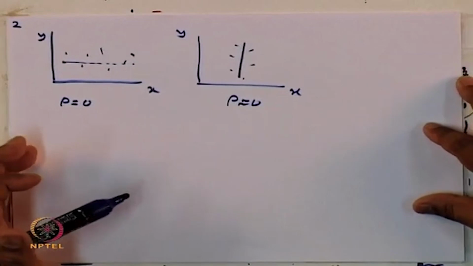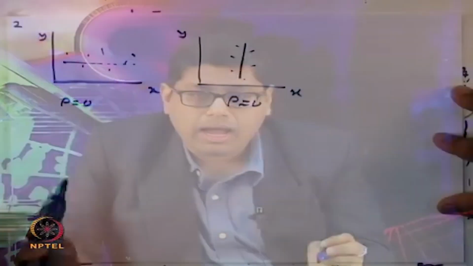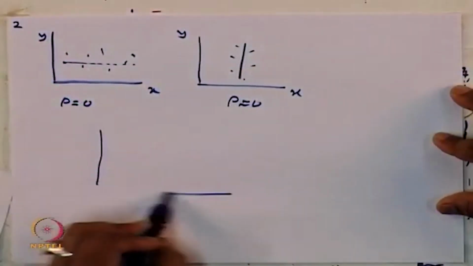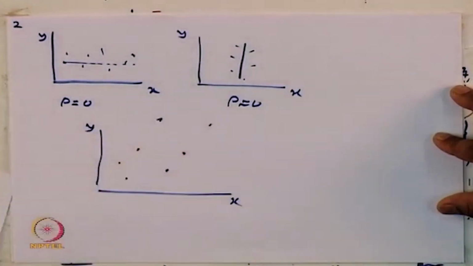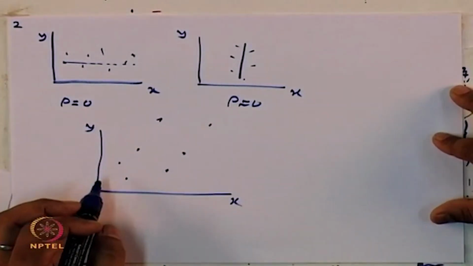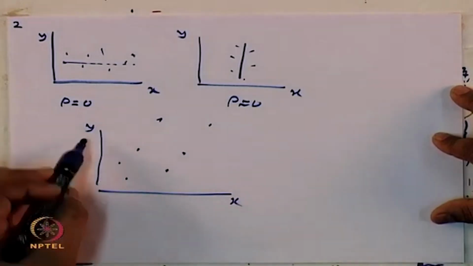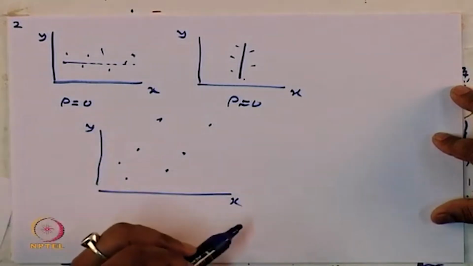Now one of the immediate follow-ups of correlation is regression. If you have a set of points x and y like this, can you estimate y given one value of x, or vice versa?